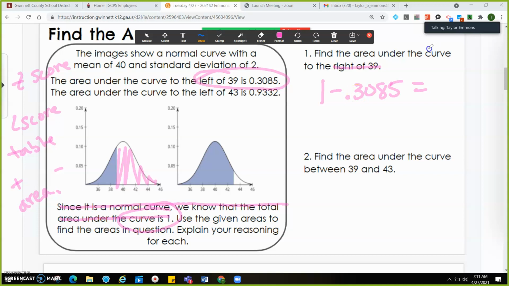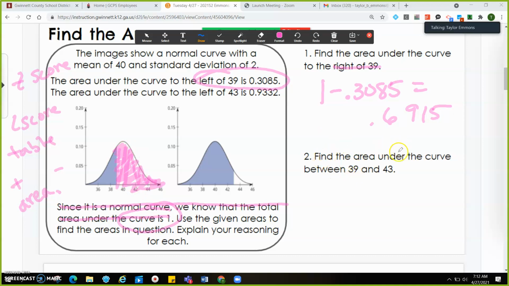So if I go into my calculator and I say 1 minus 0.3085, that's going to give me 0.6915. Or another way to say this is 69% is over here. That's in the pink.